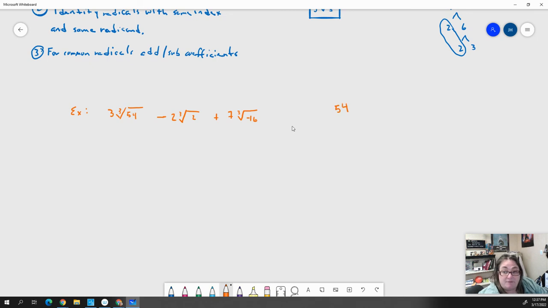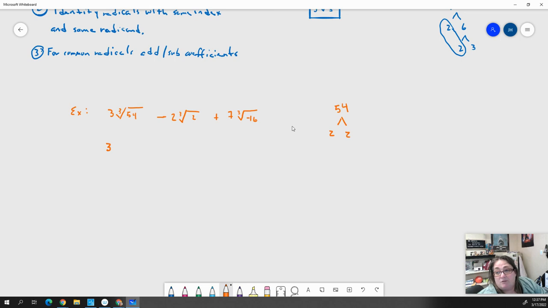So the first one, we got 54. Now think about this. This is a cube root, which means that something there has to be 3 of something now to pull it out instead of just 2, right? So we're going to start here with the 3 we've already got. Now this 54 is an even number, so I'm going to start by dividing by 2 and seeing what I come up with.